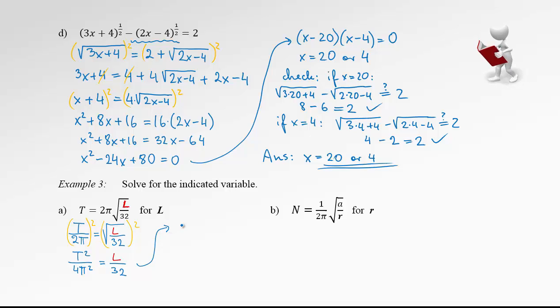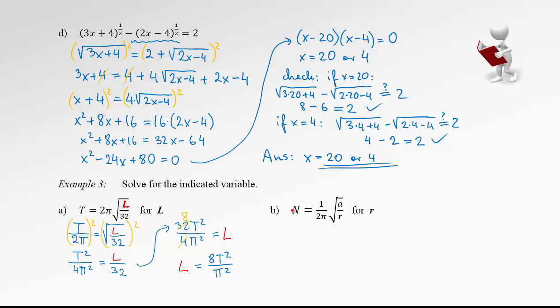Let's write it here. We'll get 32t squared over 4 pi squared, and that's our L. Now let's reduce 32 with 4. That gives us 8 in the numerator. So the final answer is L equals 8t squared over pi squared. Here it is.